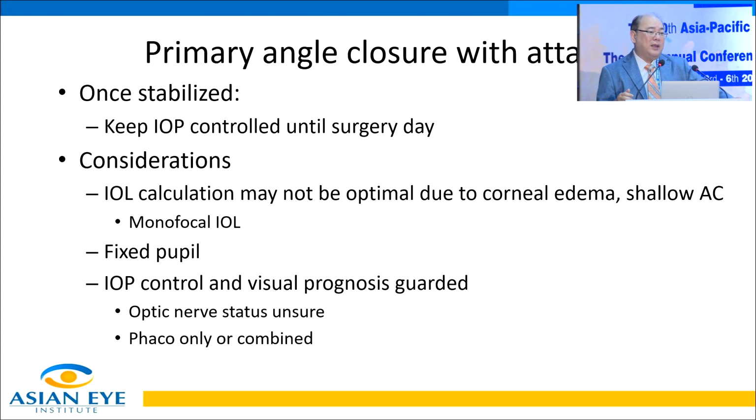You have to be ready with the pupil maneuvers because they usually have a fixed pupil. So they may not dilate more than mid dilation, or if longer, they may look atrophied, fixed, and all that. So these are considerations to prepare for during surgery, and you want to be ready.